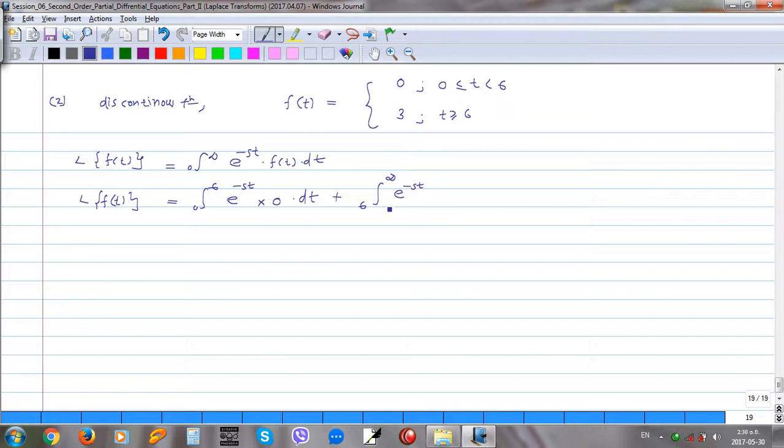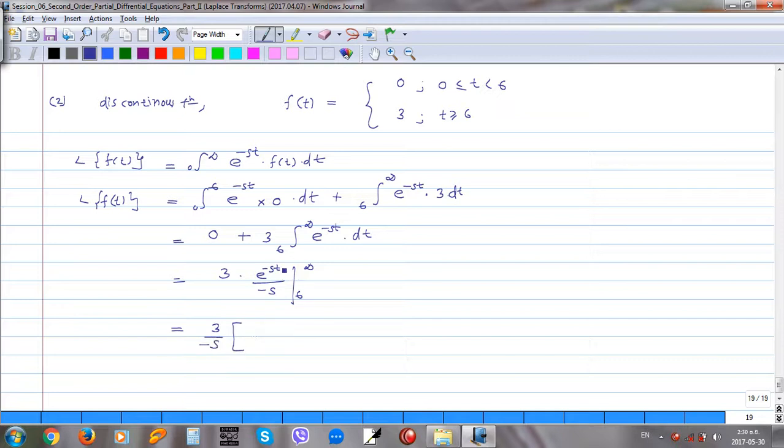Now f of t equals 3 there, so 3 dt. This first part becomes 0, plus 3 times the integral from 6 to infinity of e to the power minus st dt. I can integrate e to the power minus st over minus s.